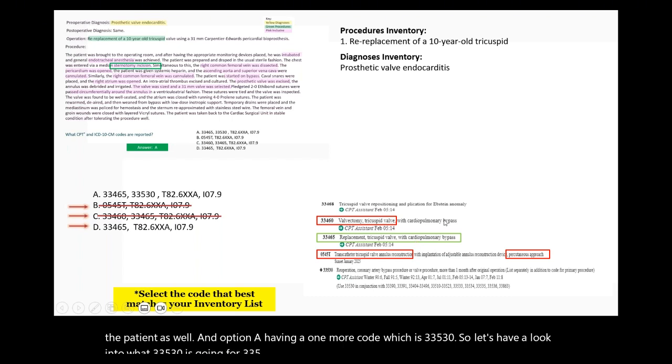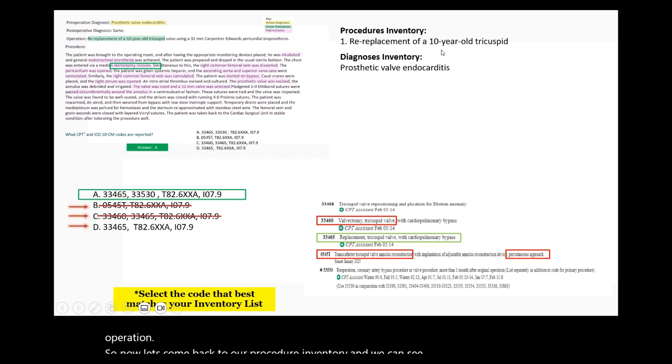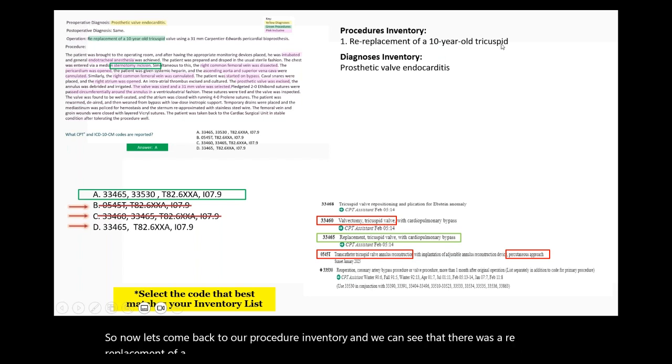33530 is coding for a reoperation, coronary artery bypass procedure or valve procedure, more than 1 month after the original operation. Now let's come back to our procedure inventory, and we can see that there was a replacement of a 10-year-old tricuspid valve.